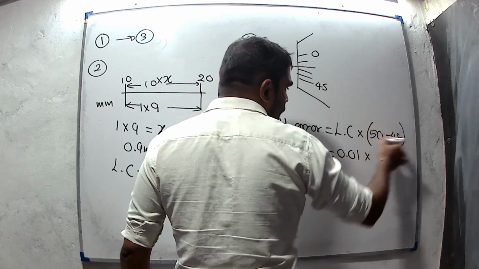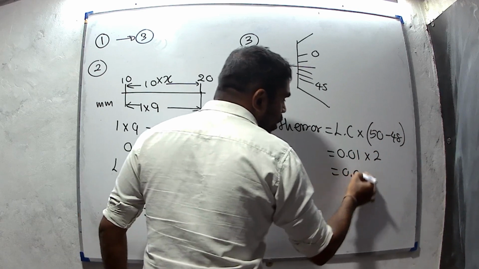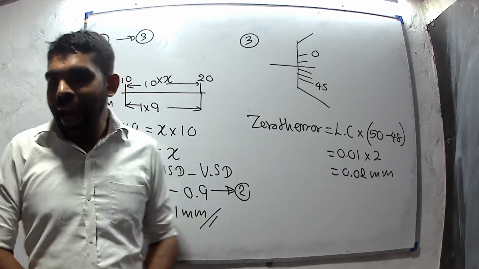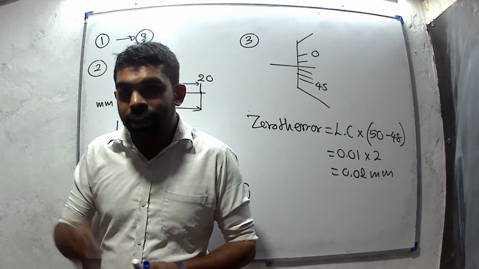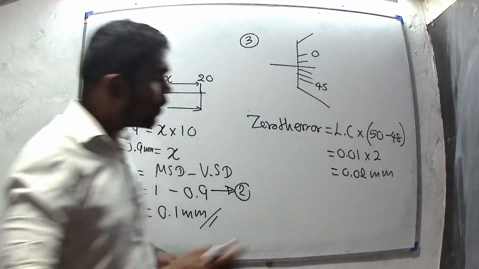We have to multiply by the difference of these two numbers to get 0.02 millimeters, and we have to add it to the scale reading. Then we can get the third answer for question number 3.